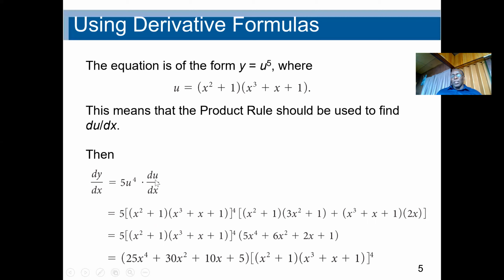As we said earlier, this is a product. So I'll find the derivative of s squared plus 1. I'll multiply by s cubed plus s plus 1, plus the derivative of s cubed plus s plus 1 multiplied by s squared plus 1. And that's what we have here with the power rule also. Then we multiply the 5 by all the terms here, because the exponent here is 1, so I can do that.